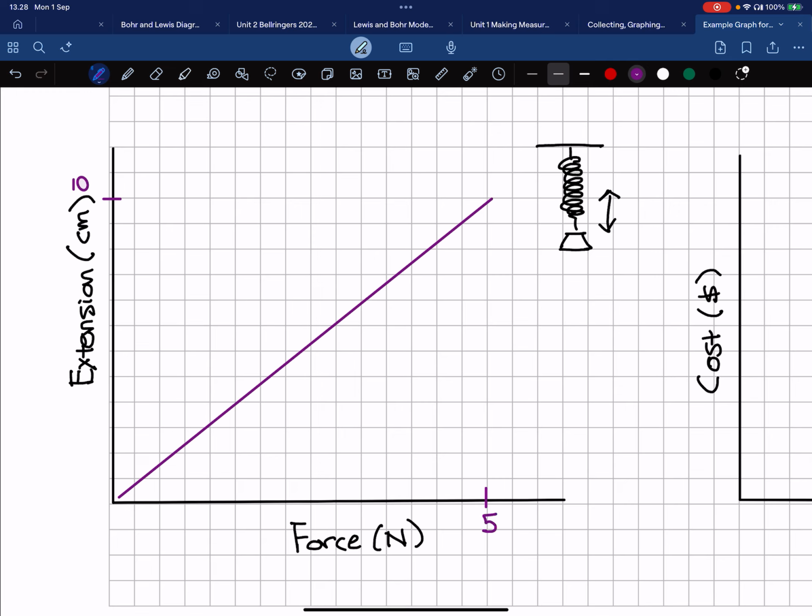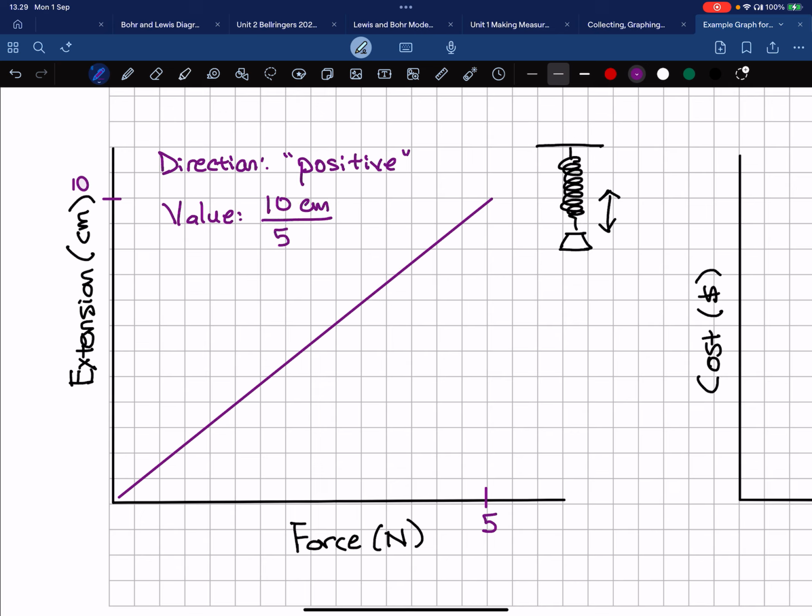So first thing we can talk about is direction. The slope is going up, so that is positive. The next thing that we can talk about is value. It's going to be 10 divided by 5, which is 2.